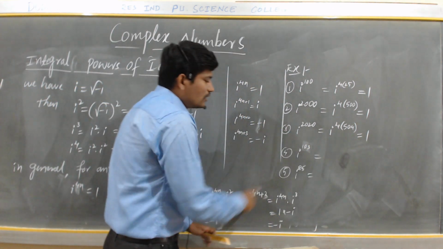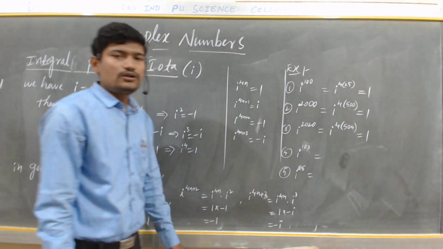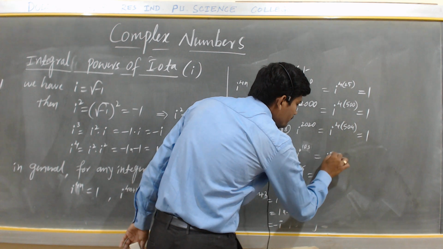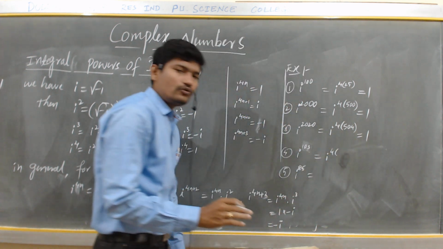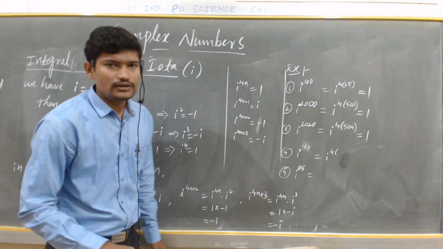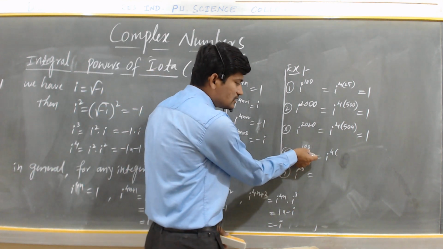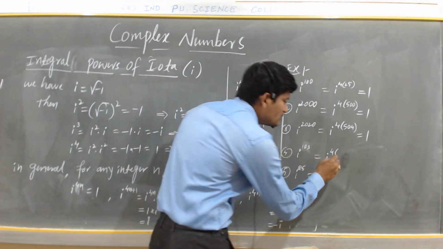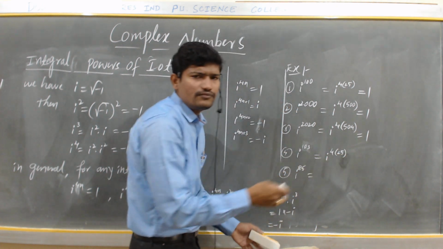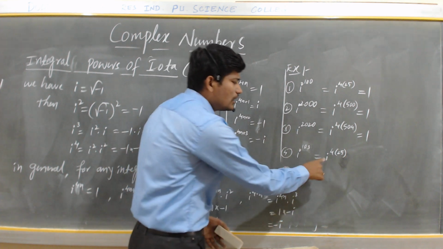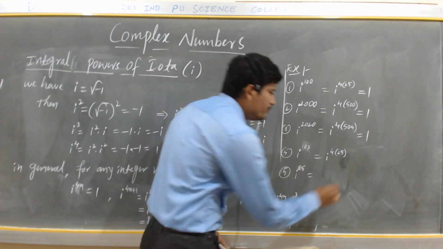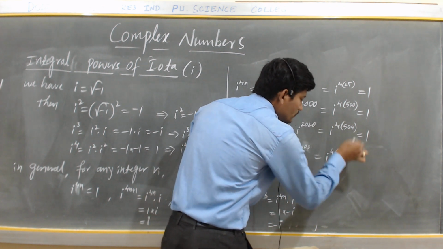Next, i to the power of 103 is given. i to the power of 103 can be written as i to the power of 4 into 25, since 4 times 25 is 100. Then plus 3, so I write i to the power of 4 into 25 is 100, plus 3.